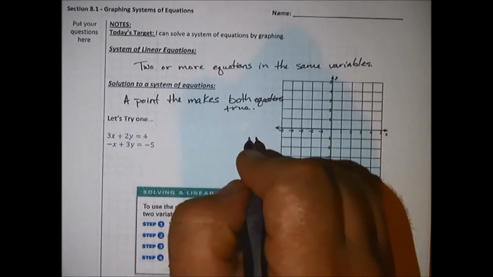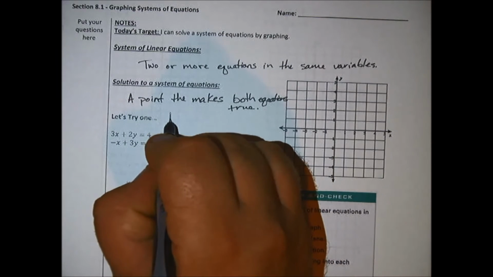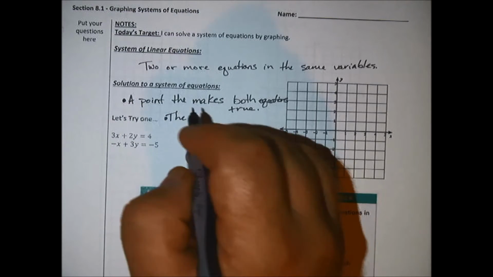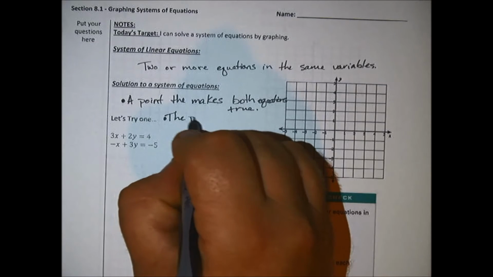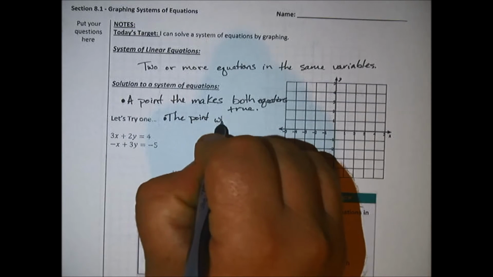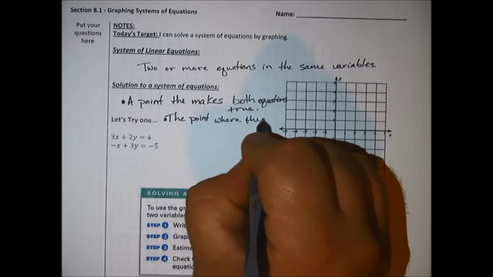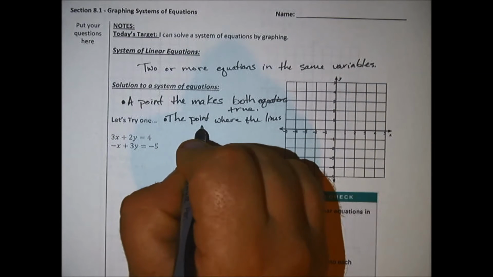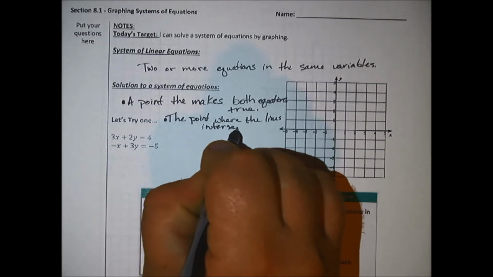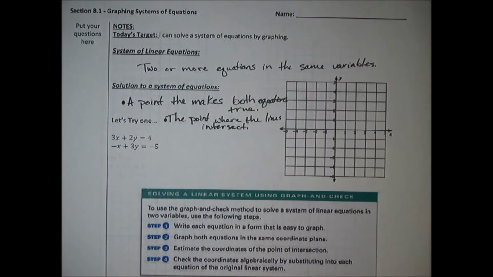This is kind of the official definition, and what we're really going to be looking at is the point where the lines intersect. Okay, so the point where the two lines intersect. It could be a bunch of lines, we don't know. We only have two for most of our work, and to be honest, the more lines that I have to try to make on there, the harder it is. It just gets really ugly.